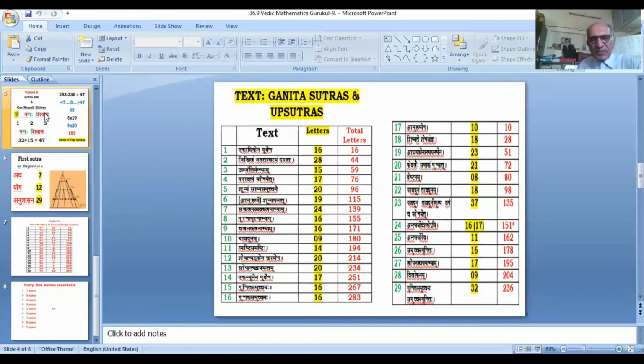It will be a blissful exercise that we have a tabulation again and to see that the 16 sutras are leading us to total value 283.